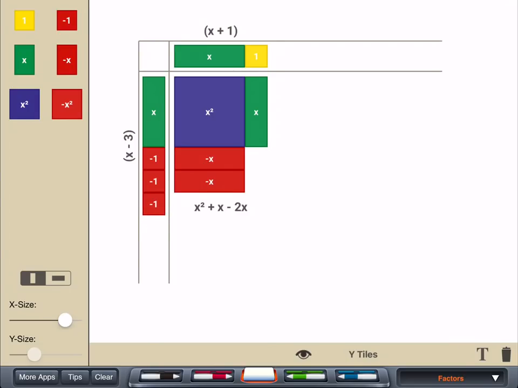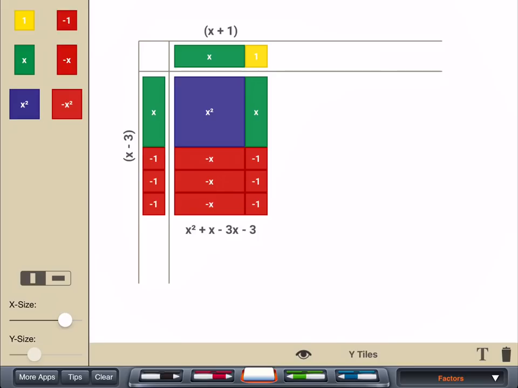And last one, negative 1 times x would be a negative x. And then I'm doing negative 1 times positive 1. Negative times a positive is a negative. Both of those have a 1 by 1 width there, so I can fill in the rest of my grid.